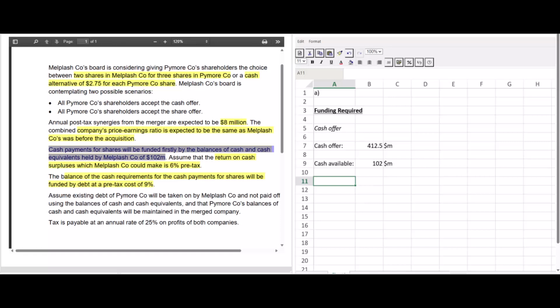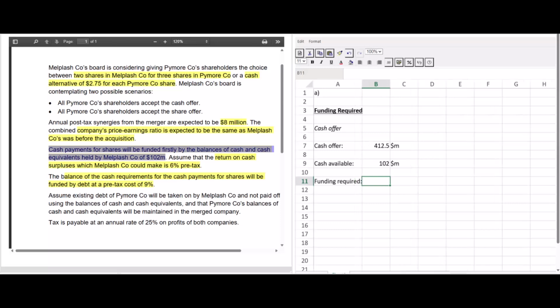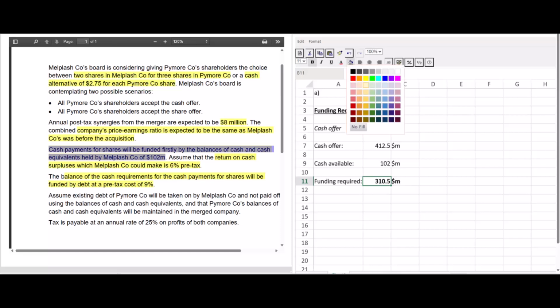And therefore, the funding required, the actual amount we're going to need to borrow, is just going to be the difference between those, isn't it? So the actual amount we're going to need is just going to be the 412.5 less that 102 million, which comes out as 310.5 million. So that is our first amount that we'd need if we were doing a cash offer. That's the amount we'd need to borrow. And that's our answer for the first part.